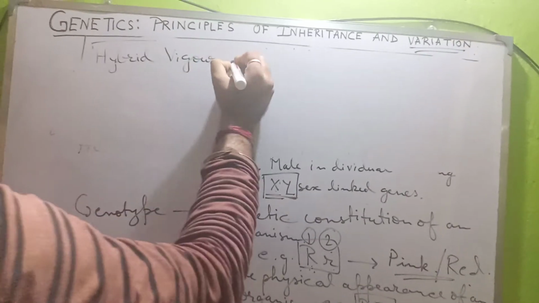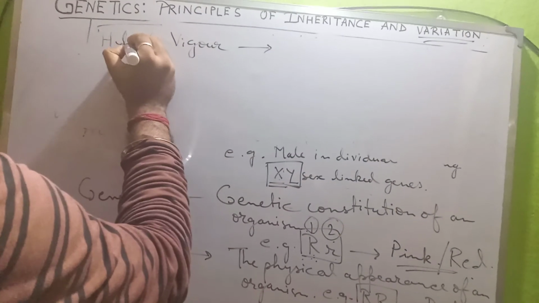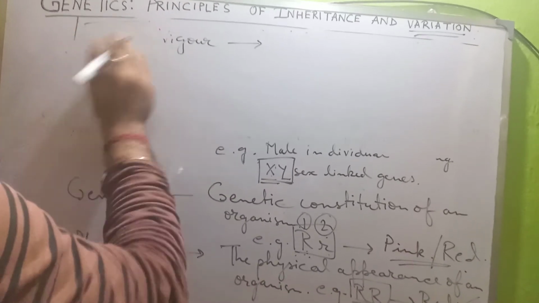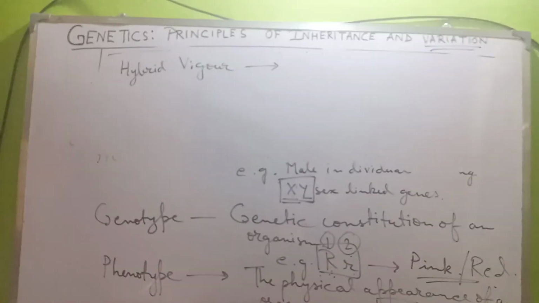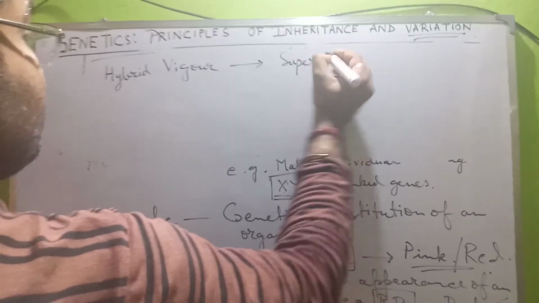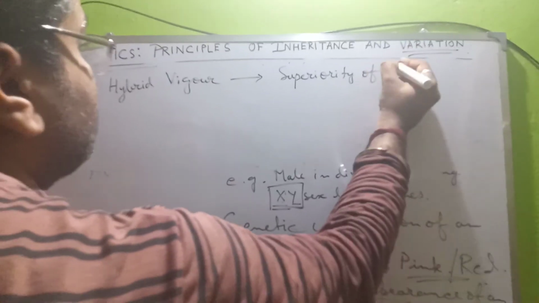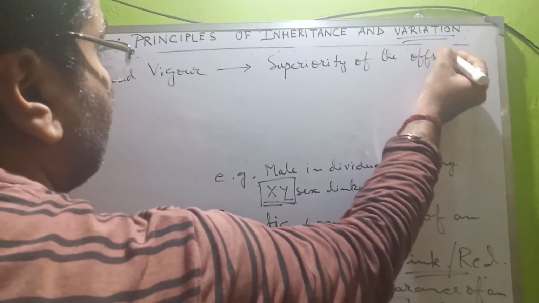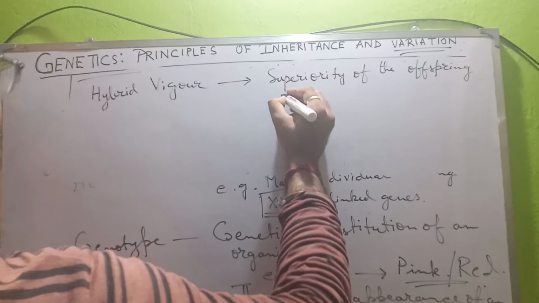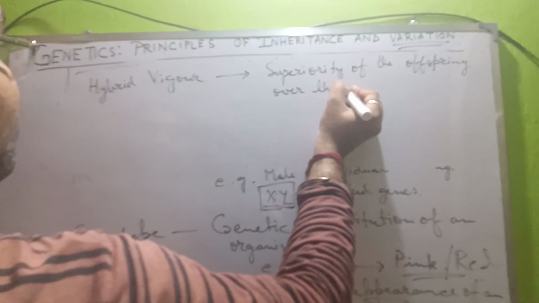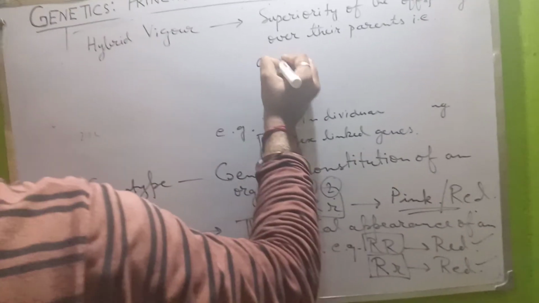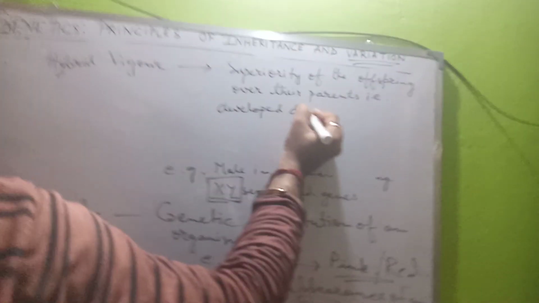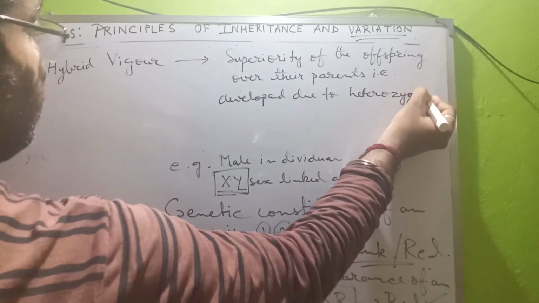Hybrid vigor is the superiority of the offspring over their parents, that is developed due to heterozygosity.